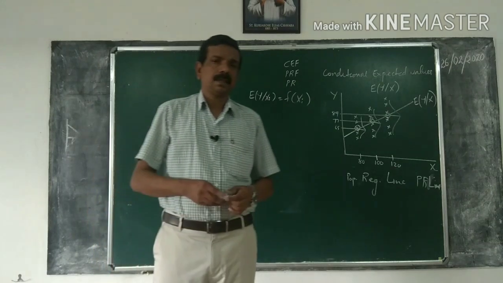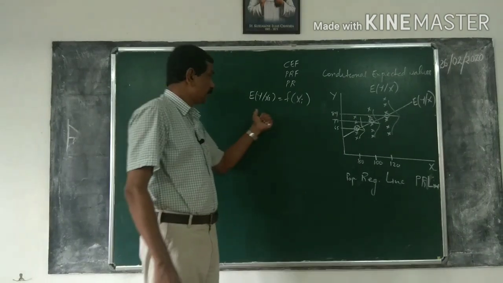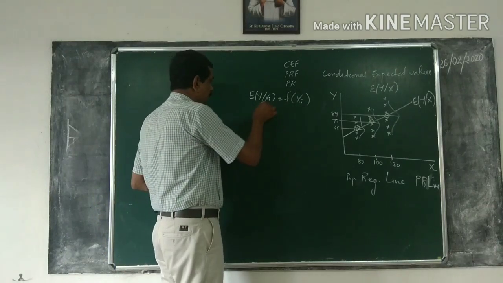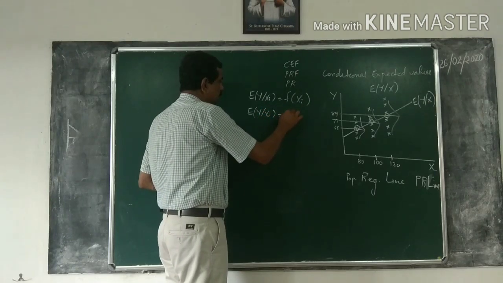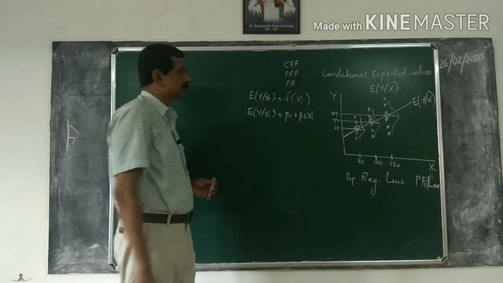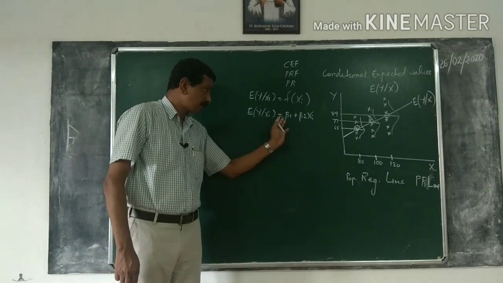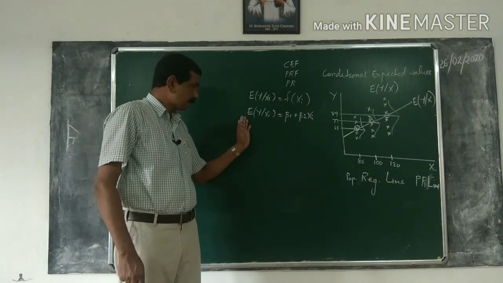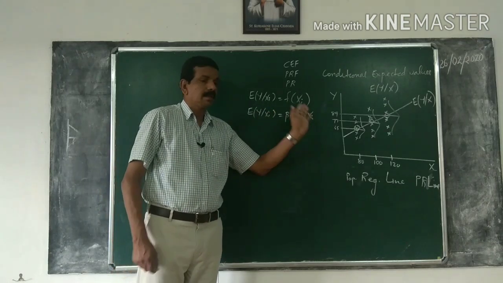Anyway, as a first approximation, we assume that expected y given xi is linearly related to xi. So we write expected y given xi is equal to beta 1 plus beta 2 xi. That is, the conditional mean value of y given xi is linearly related to xi.